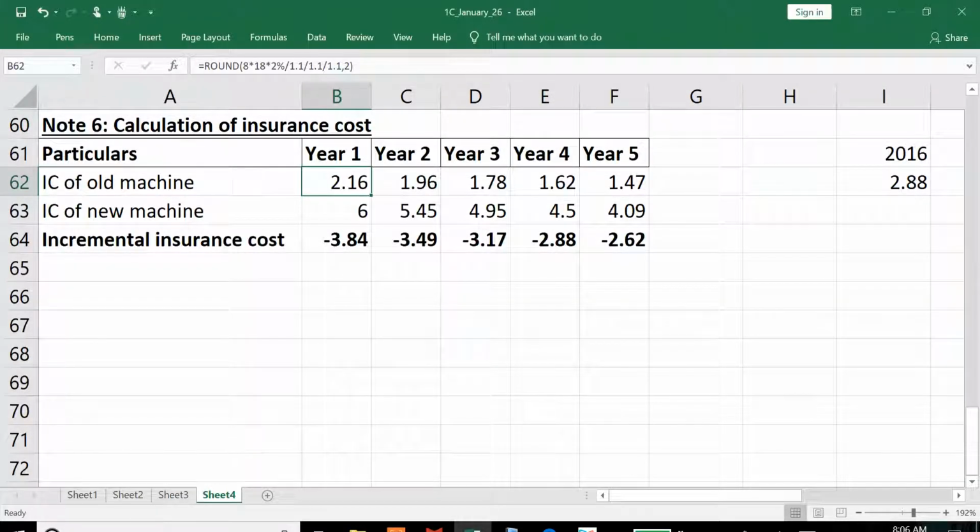Insurance is an extra cost. Incremental insurance cost. Can you proceed?